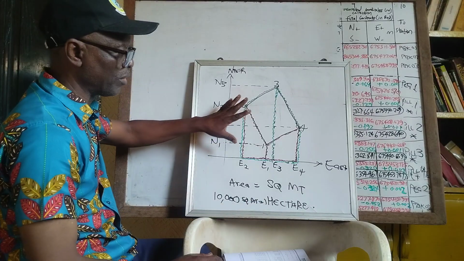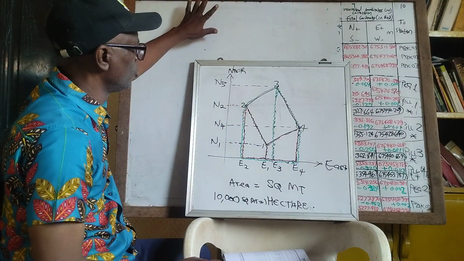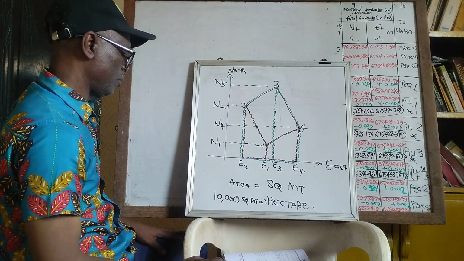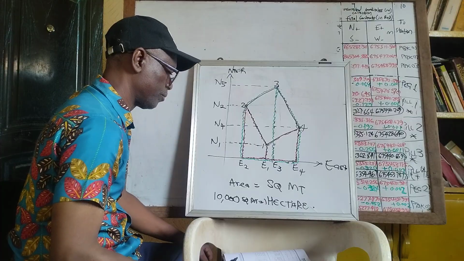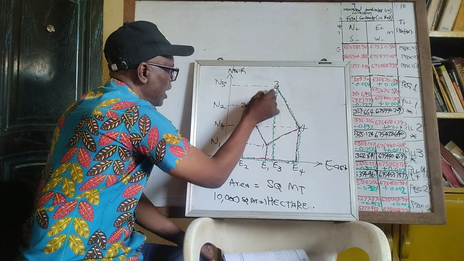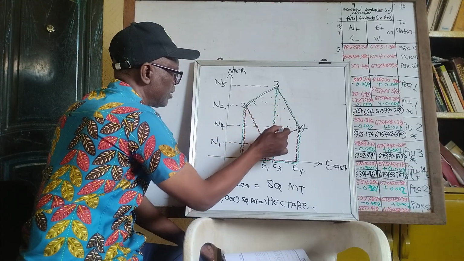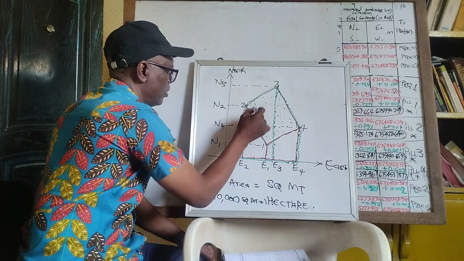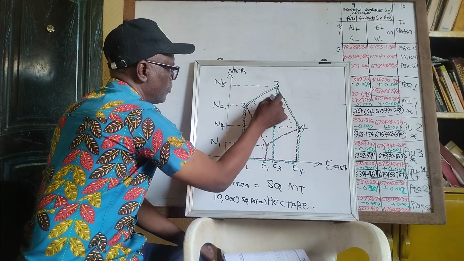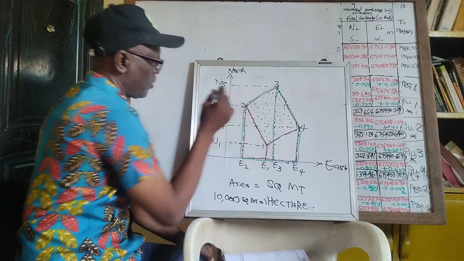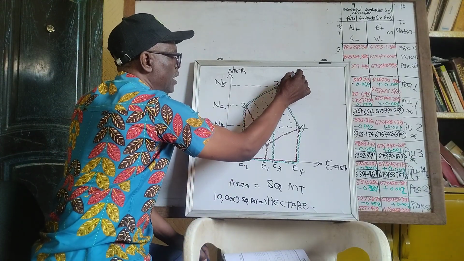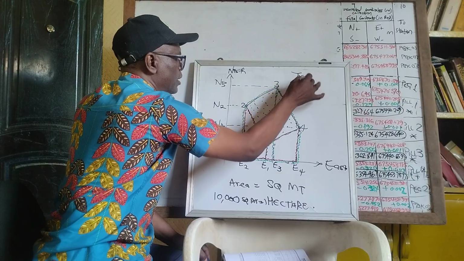So look at the diagram very well. We are going to use this diagram to derive the formula for area. We need the area of this dotted quadrilateral. So we are going to use the area of a trapezium.